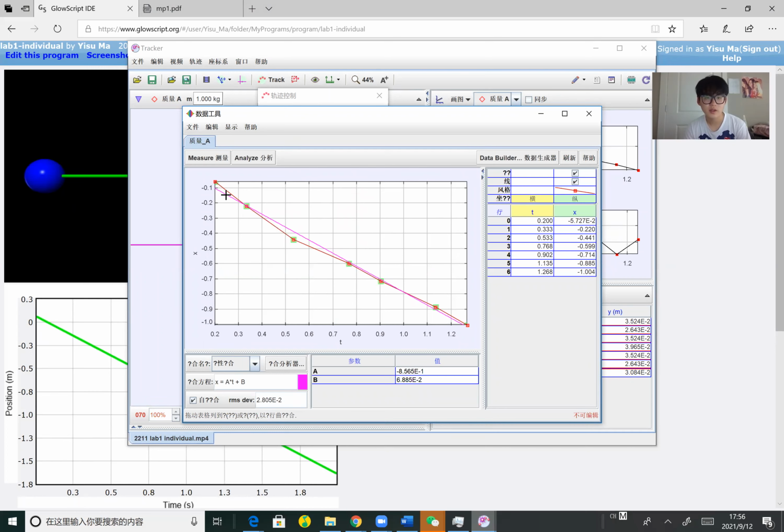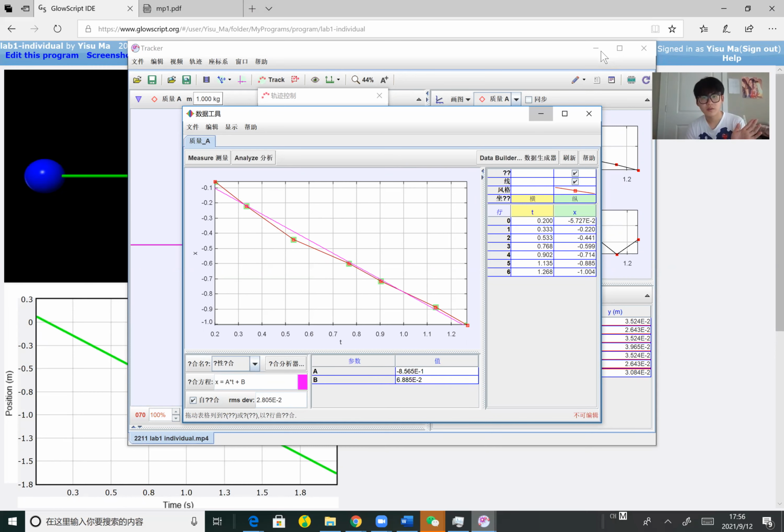So here you can see our analysis is basically a linear function, like in our prediction model. A is our velocity, which is minus 0.8565, and B is our initial position, because I set an x-axis on our table.